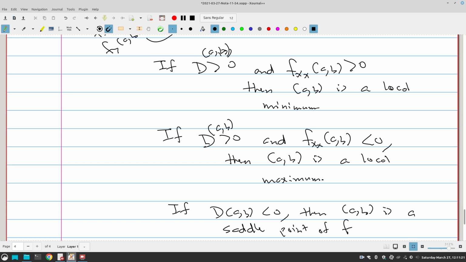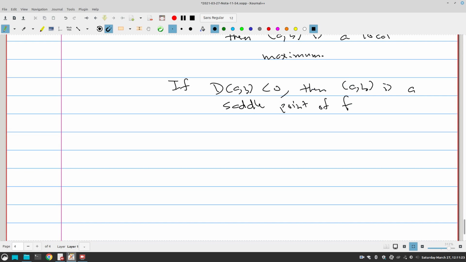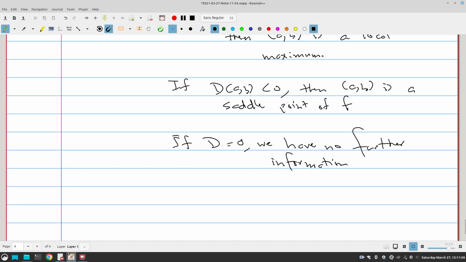Now, if D is equal to 0, we have no further information, right? It could be a maximum, it could be a minimum, it could be a saddle point.